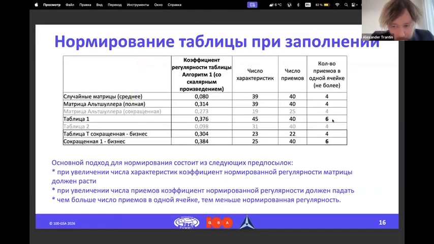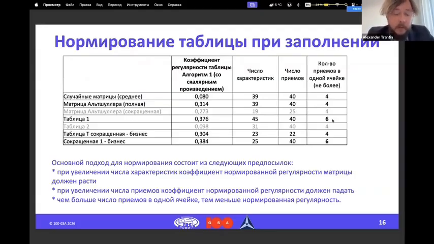Some more math. I'm going to be boring for you for some more time. We were also looking into this matrix. And as you know, Altshuller in these cells has different approaches, one, two, three, etc., and it can influence the way it is filled.